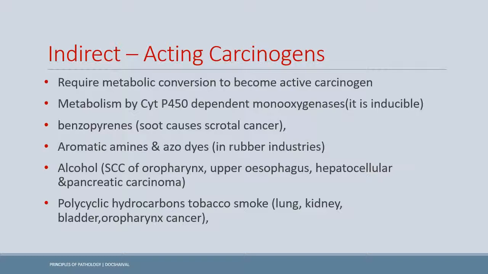Now the second one is aromatic amines, and aromatic amines and azo dyes are usually found in the rubber industries. Those are also carcinogenic. Now the certain high yield one to be aware of is alcohol. Obviously, alcohol is one of the leading causes of hepatocellular damage or hepatocellular carcinoma.